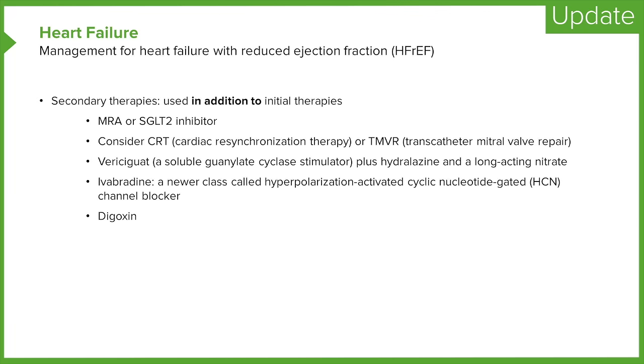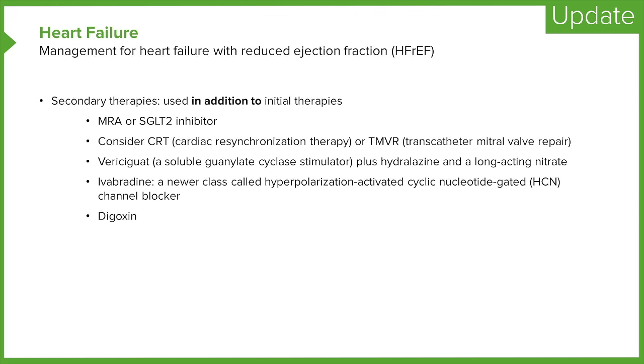Ivabradine is a very interesting new class of medication called hyperpolarization activated cyclic nucleotide gated channel blockers. What they do is they actually decrease the rate at which the sodium channel leaks in sinus node cells, and that results in a slowing of the heart rate. It's indicated for patients with an ejection fraction of 35% or less who are in sinus rhythm with a resting heart rate that's elevated.